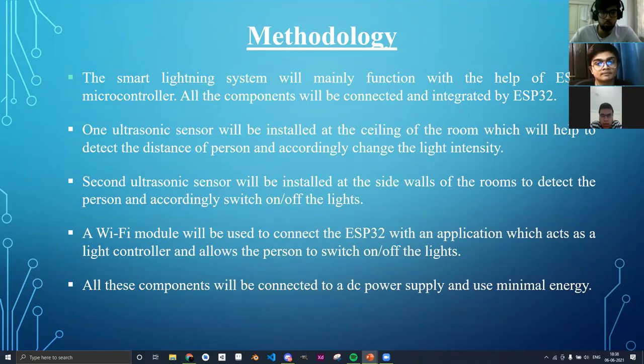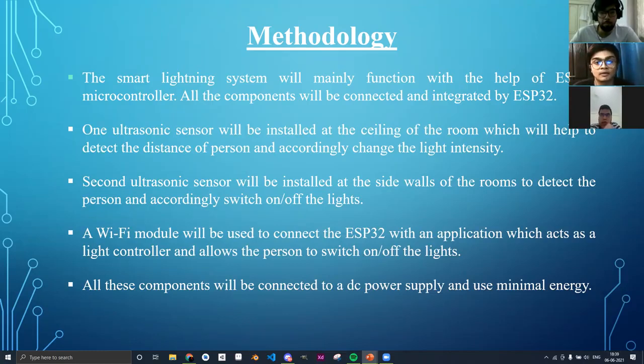So the methodology adopted for our model includes an ESP32 microcontroller. That is the main working backbone of our model and also allows us to integrate all the other components and make them function. We have several ultrasonic sensors to determine the presence and exact location of any entity inside a given room, and accordingly automatically control the lights.